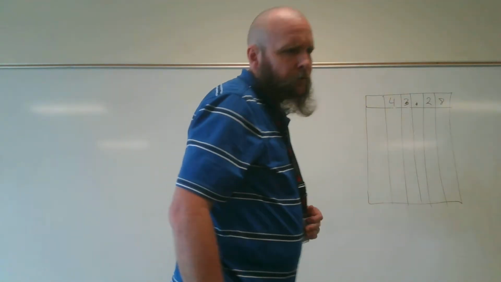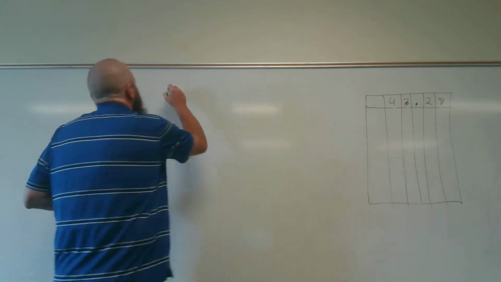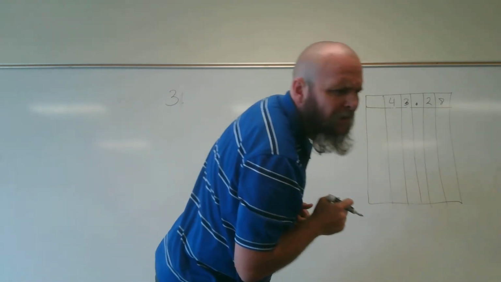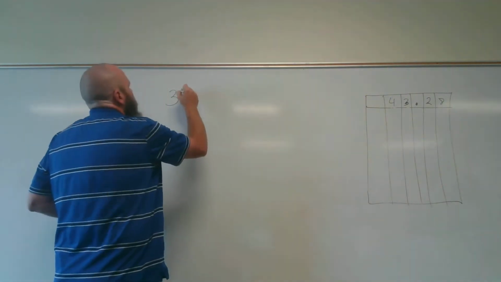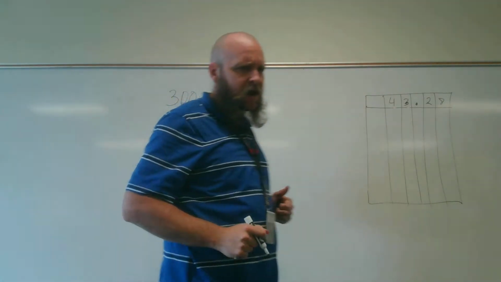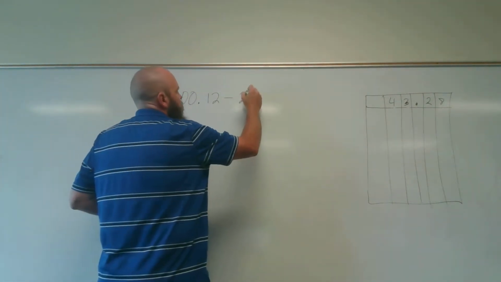Let's cross that one off. Let's do 312 hundredths. 300 and 12 hundredths. Subtract 270 and 6 tenths.